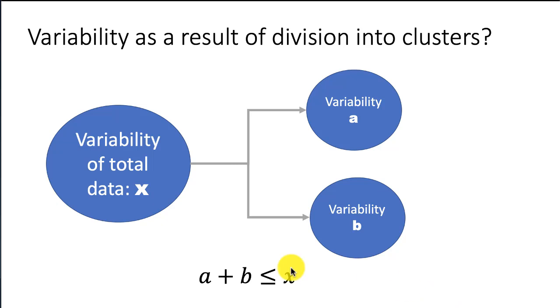You will find that A plus B is generally less than X. In some extreme cases, with the data constructed very carefully, hand constructed, A plus B might actually equal X. For example, if all the values are the same, then the variability will all be 0. But other than that, in normal cases, when you create clusters, you're reducing the total amount of variability.